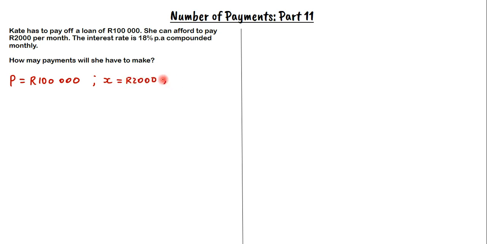The interest rate is 18% per annum compounded monthly, which means the compounding is 12, and the interest is 18% over 12. Now it says how many payments will she have to make.